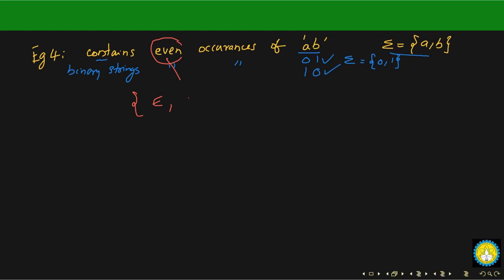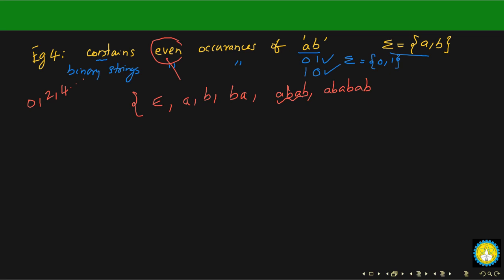Similarly, A should be accepted, B should be accepted, BA should be accepted, and then AB contains one AB. When you say even occurrences, it can be 0, 2, 4, etc. What about AB?